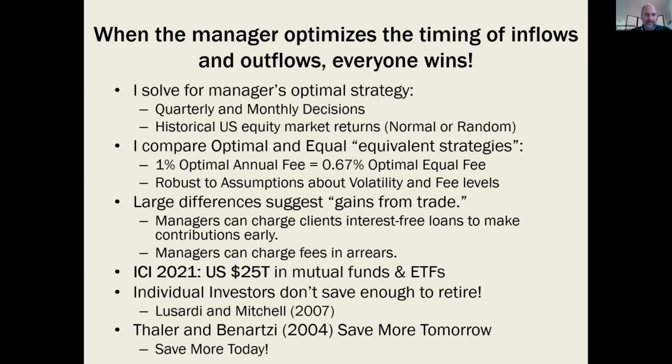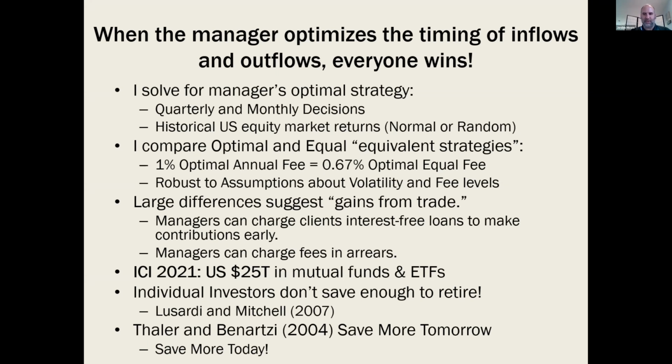We know that many individual investors and households don't save nearly enough to retire. We also know that behavioral finance and changes to choice architecture have a lot of potential to address problems in undersaving and a number of other problems.